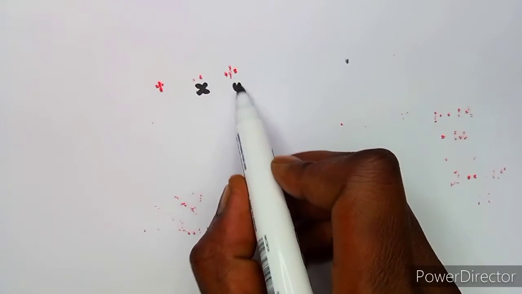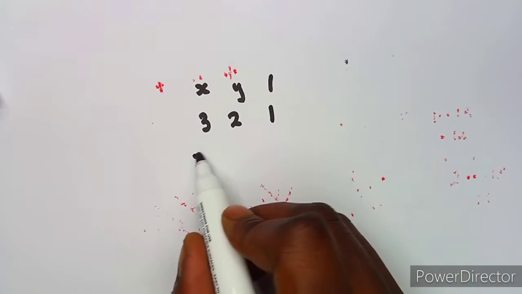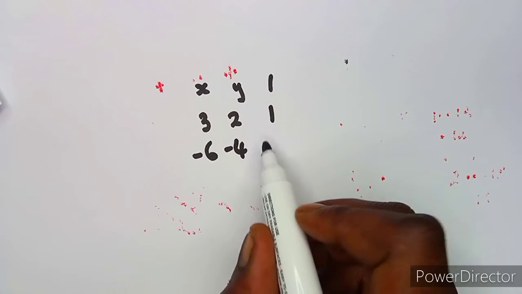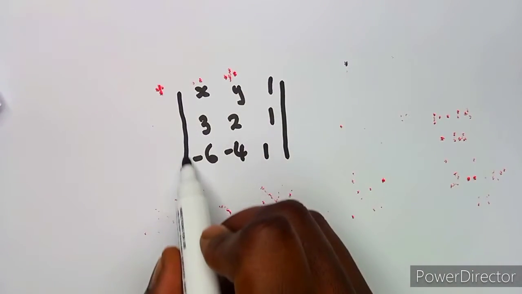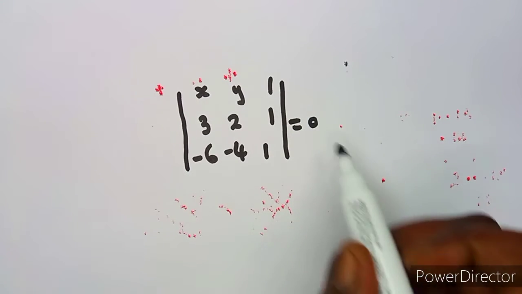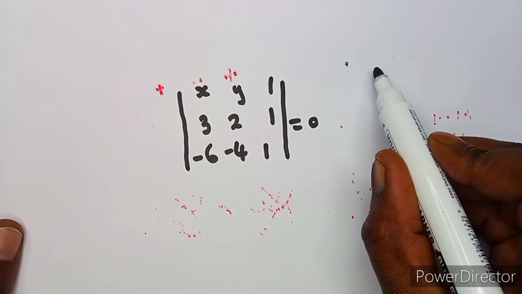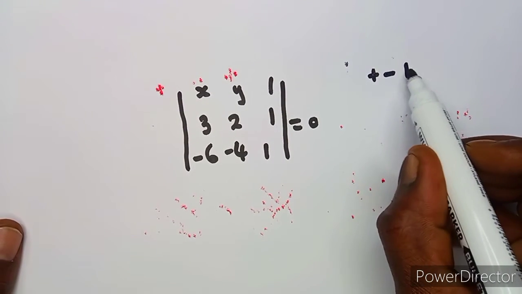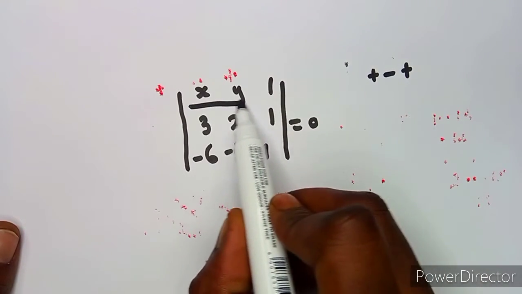So this is x, y, 1, 3, 2, 1, -6, -4, and that's a positive 1 like this, which is equal to 0. So we have to apply the same concept of the determinant. Remember, we used plus, minus, and plus. So we are going to focus on this row.